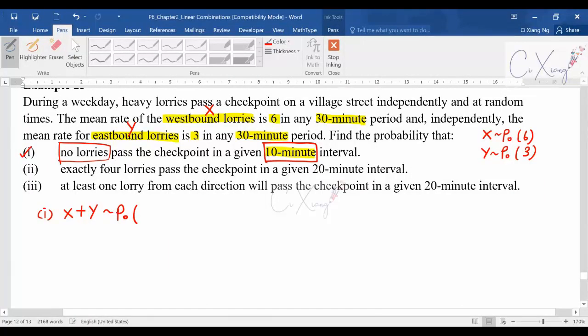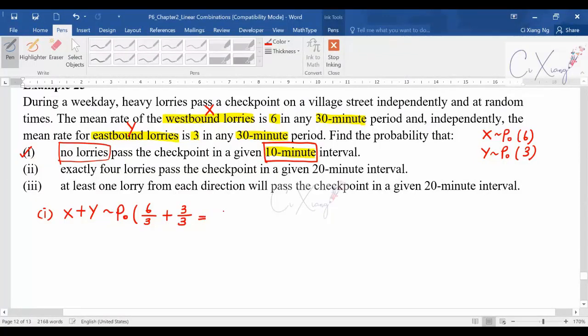For a 10-minute interval, originally you have 6 for 30 minutes, right? So to change it to 10, you need to take 6 divided by 3. This is for the X. Then plus, for Y, originally you have 3 lorries for every 30 minutes. Therefore, you change it to a 10-minute interval, also 3 divided by 3.